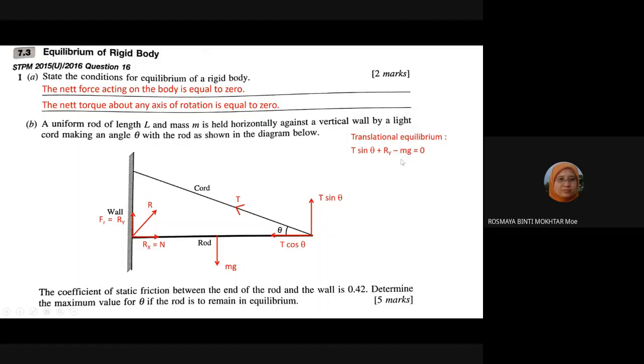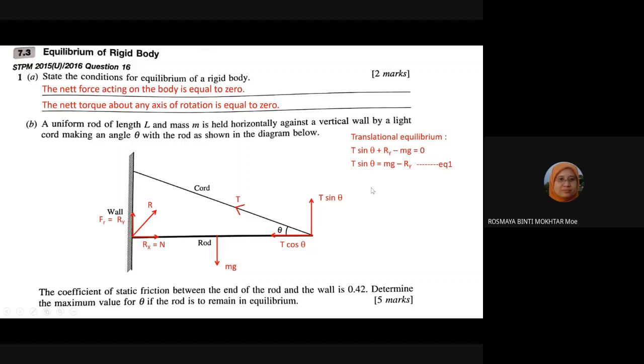Or you can write T sine theta plus Ry equals mg. Then rearranging, T sine theta equals mg minus Ry. This is equation 1.